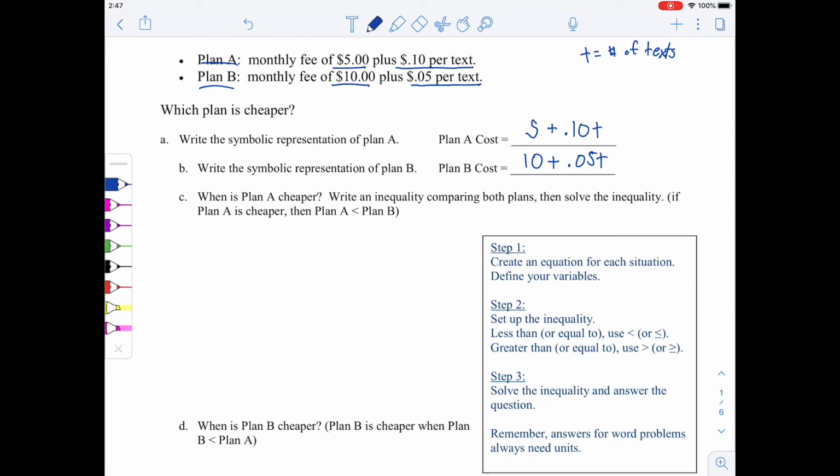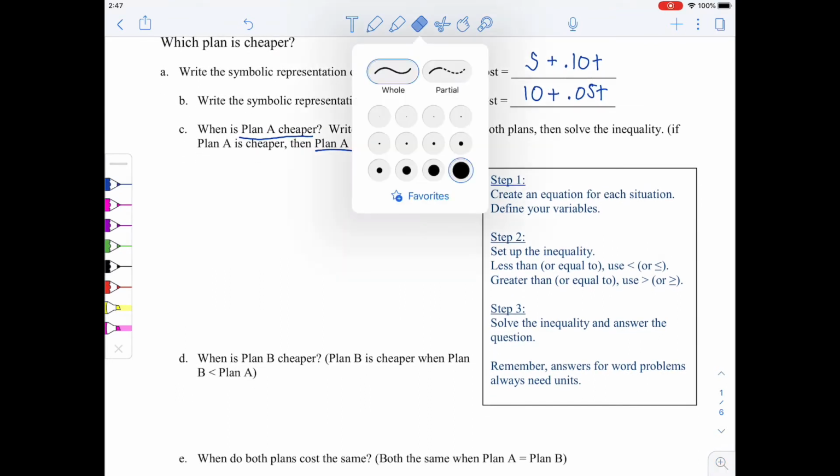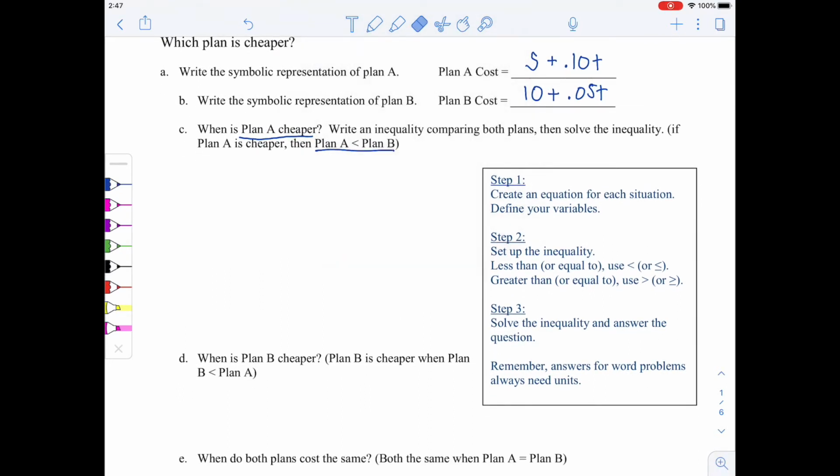And this part C is when is plan A cheaper? Right, so when is plan A cheaper? In other words, if plan A is cheaper, then plan A should be less than plan B. Right, so we're looking at our steps here. So we're creating an equation for each situation. Define your variables, we did that.